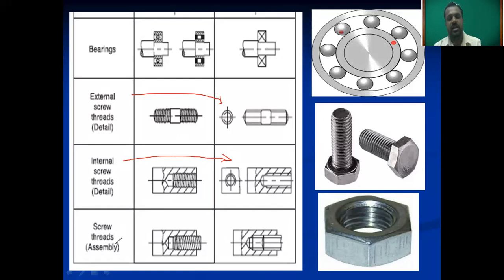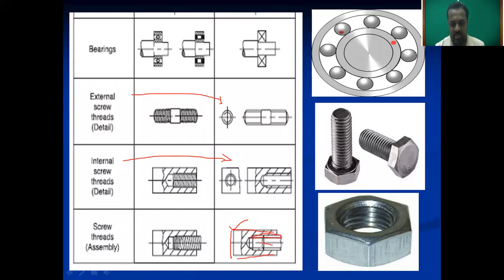Okay, now thread assembly. When we are matching this, or when we are inserting that nut and bolt into each other, at that time it will become the assembly. And for the assembly, you have to remember this conventional representation. See, this is the nut, and inside that nut we are providing this bolt, and this is the symbol for the thread.